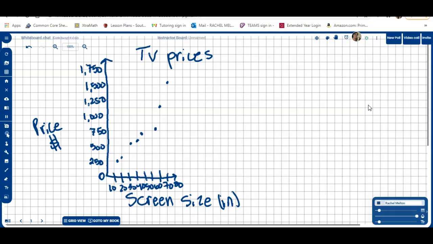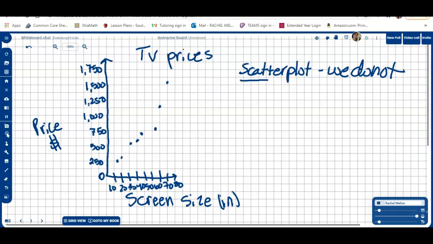However, on a scatter plot, we do not connect the dots. I know on a normal line graph, we would connect all of these dots, but on a scatter plot, we don't do that.